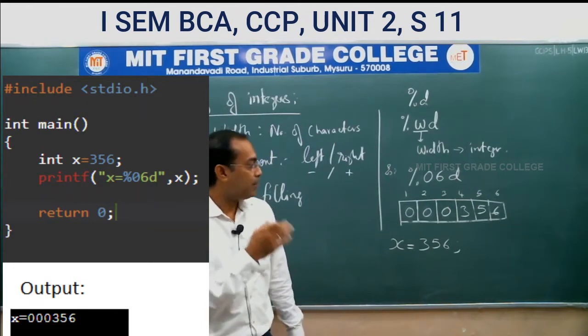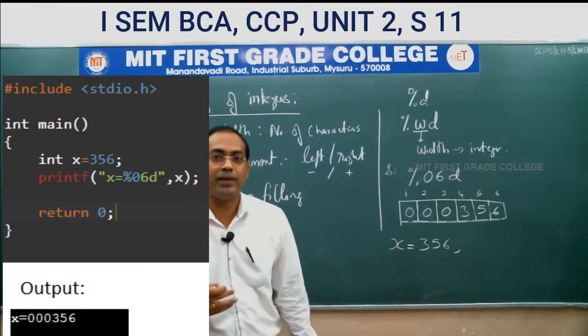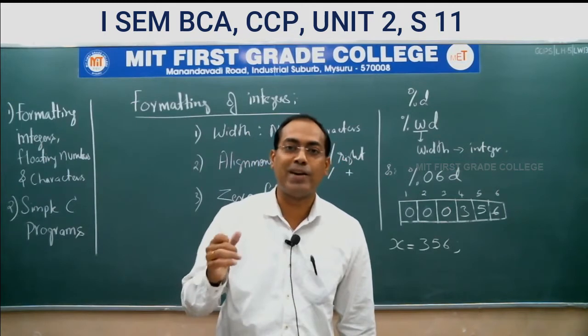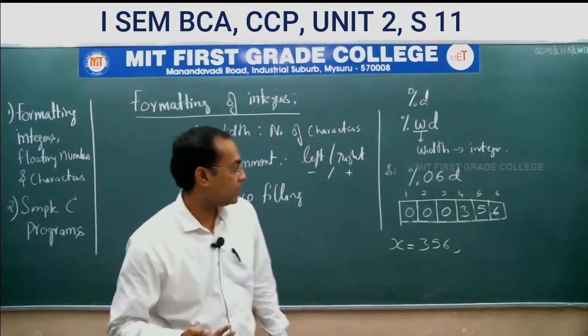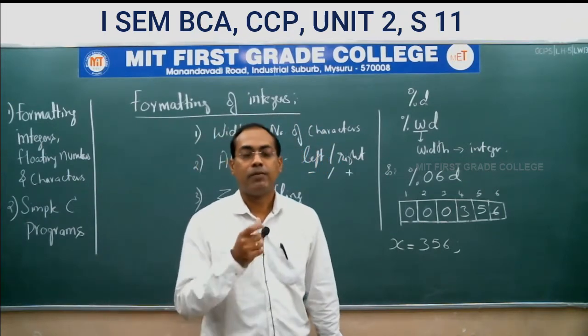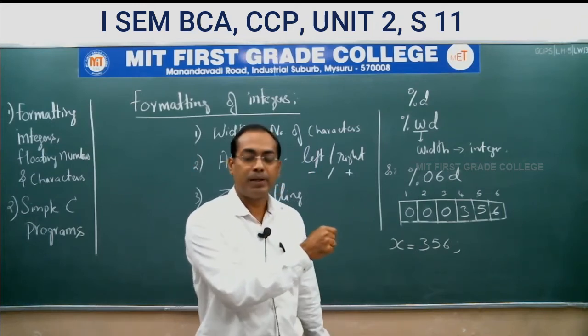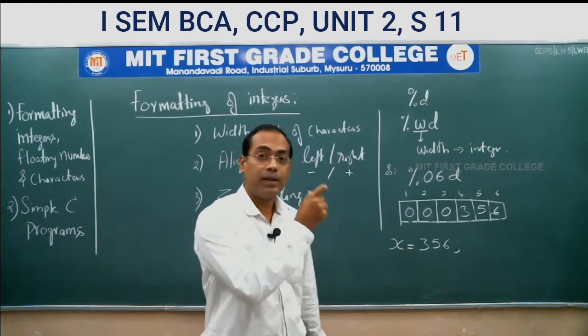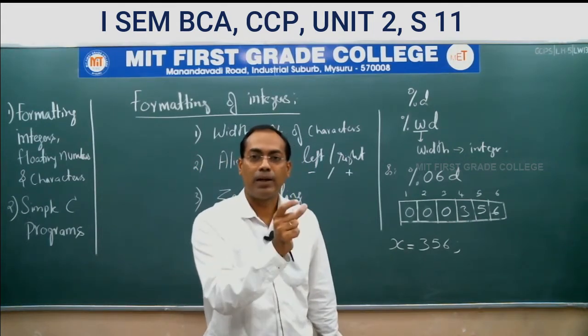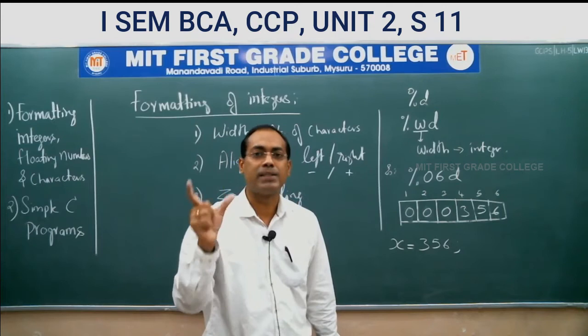Obviously we cannot append the zeros after the number. If we append them after the number, the value of the number itself changes. This is how the formatting of integers works. Now we'll take one more example. What will happen if the total width is small and the length of the number is high?